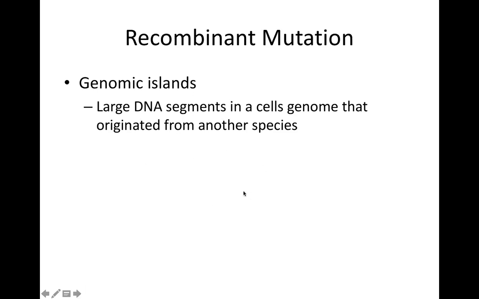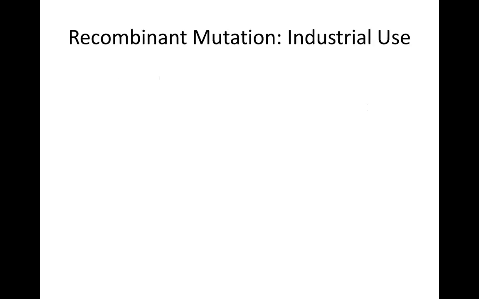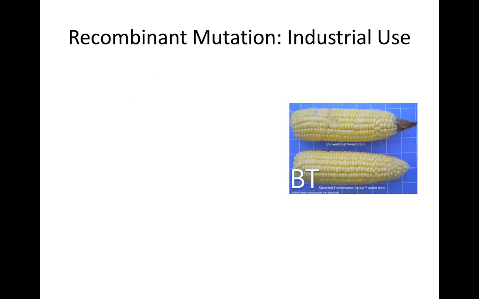What we are utilizing bacteria for in some cases is something called genomic islands. Here you're taking a large segment of DNA from a cell's genome that originated in one species and putting it into a new species. An example here would be Bacillus thuringiensis. This bacteria is kind of a natural pesticide.